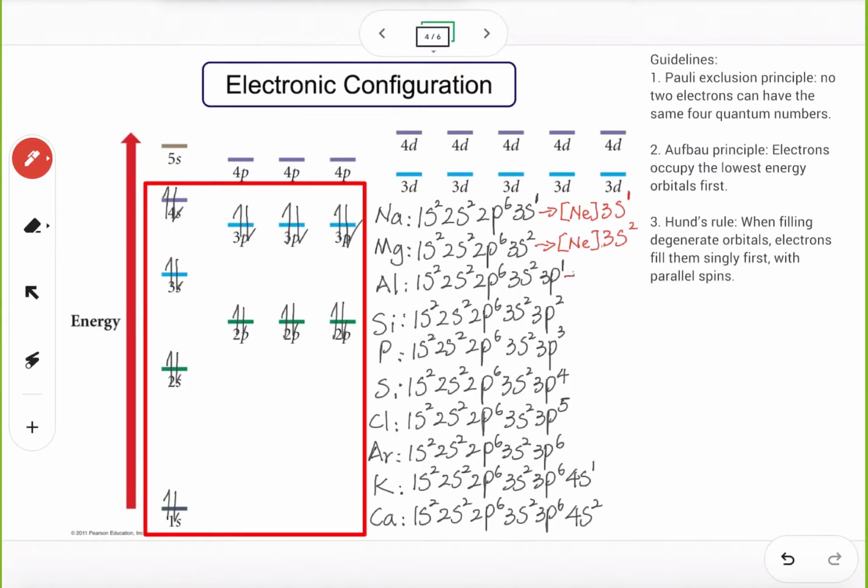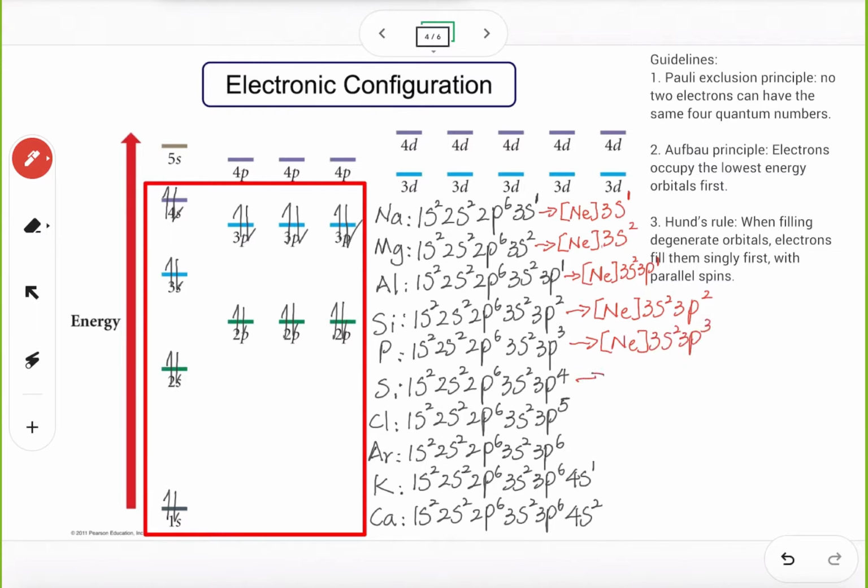For aluminum, neon 3s2 and 3p1. Now for silicon it would be neon 3s2, 3p2, and phosphorus neon 3s2, 3p3.